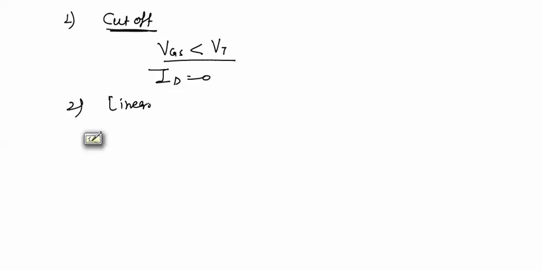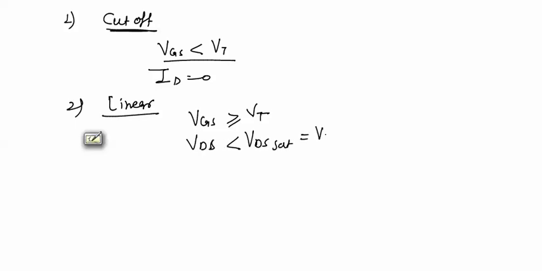Second, linear region. If it is operating in the linear region, then VGS should be greater than or equal to VT, and VDS should be less than VDS sat, which equals VGS minus VT.